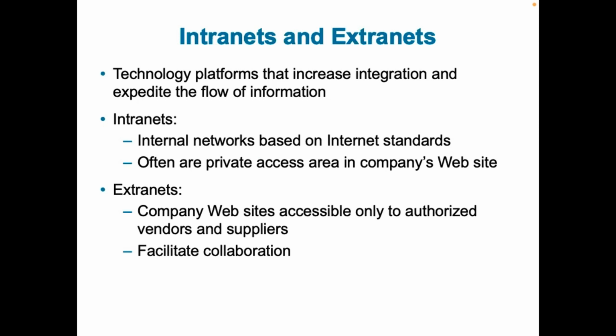Just look at this. Internal networks: intranet is an internet network based on internet standards, often a private access area on a company's website. So we are saying that this is limited just within the organization. Then this one, accessibility is given to authorized vendors and what? Suppliers. Where would the internet fall?